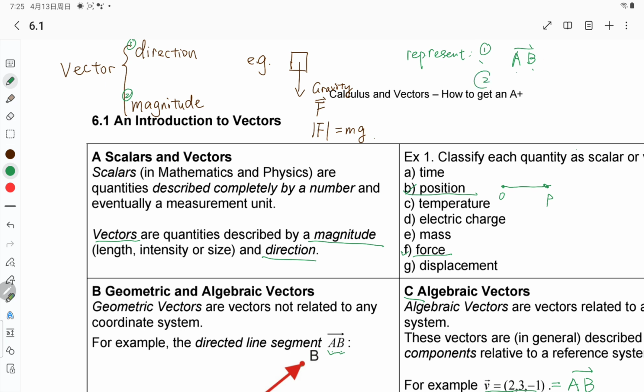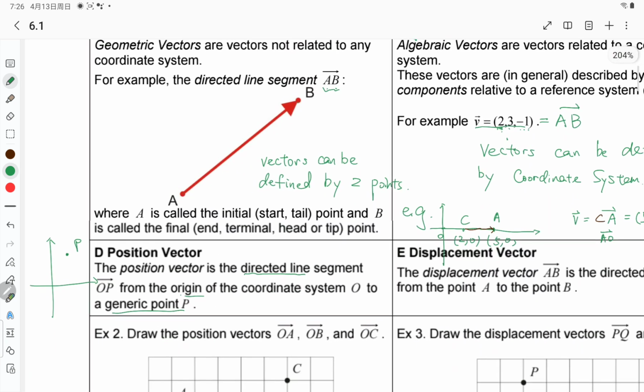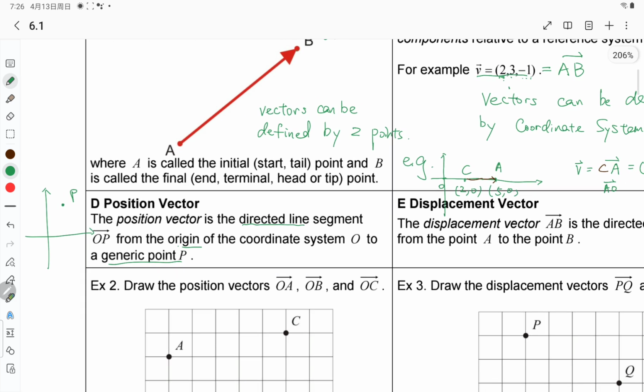And then a coordinate system, okay? This is actually for any generic P. If the P coordinate is x, y, z, or just x, y, and because the origin is always 0, 0, then the vector OP is actually the difference between coordinate P and the origin.